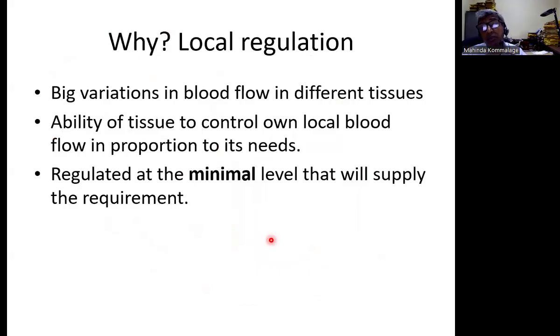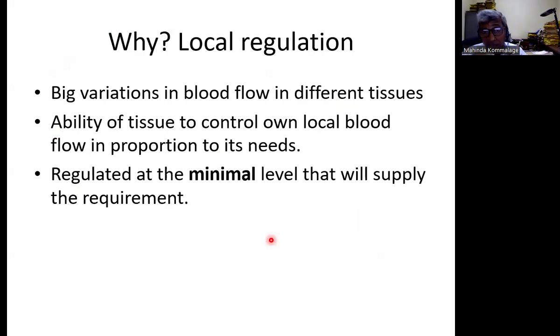Local regulation is like a central government and a Pradeshiya Sabha, as you can understand. The central government will control health and education in the country, defense and foreign policy, and main roads like highways and so on.